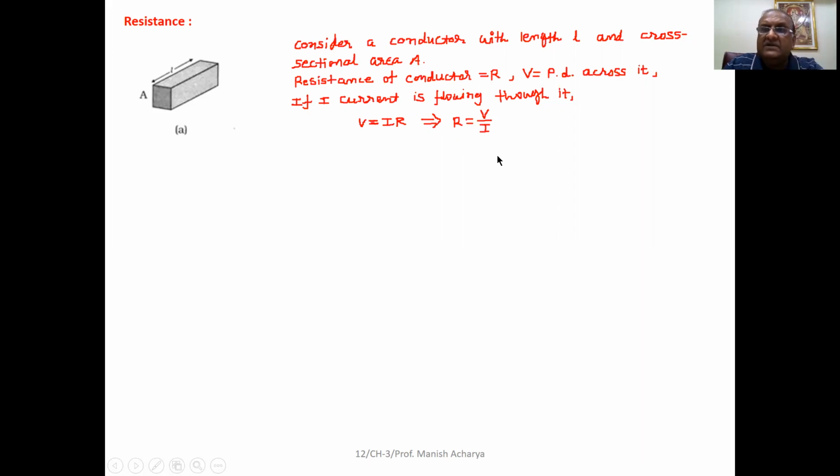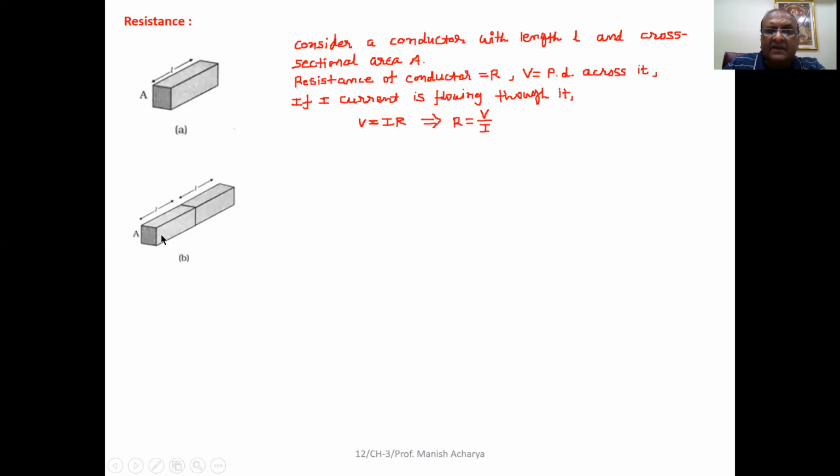Now suppose we take another conductor of this type having length 2L. The type of material of the conductor is the same.